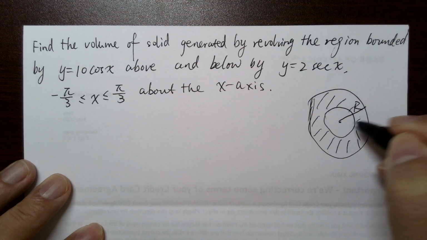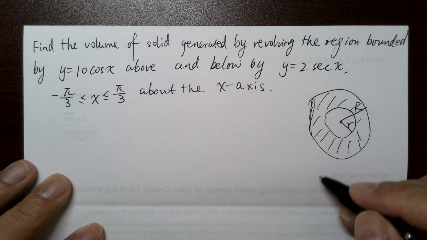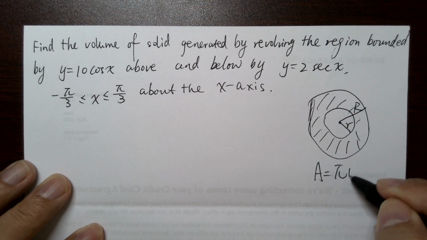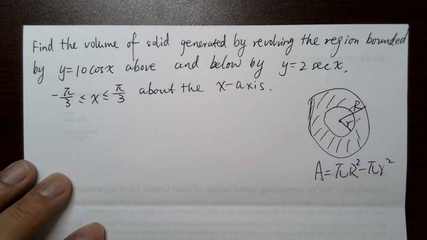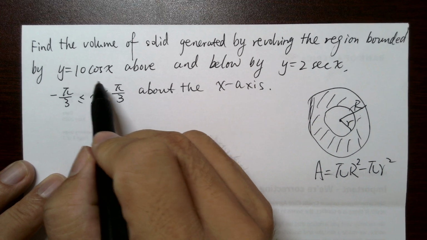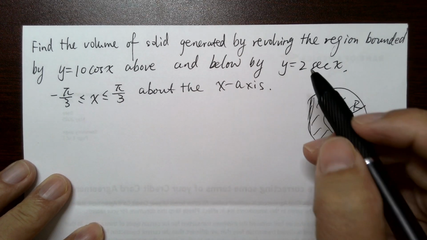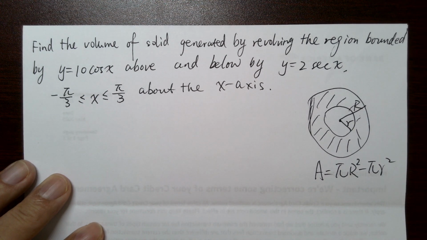Suppose this is capital R, this is small r. You want to figure out the area of this band, which is pi capital R squared minus pi small r squared. So in our problem here, our capital R is y equals 10 cosine x. Our small r is y equals 2 secant x. So let's put everything into pieces here.